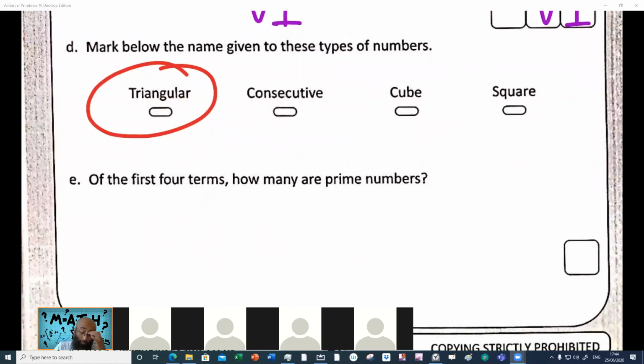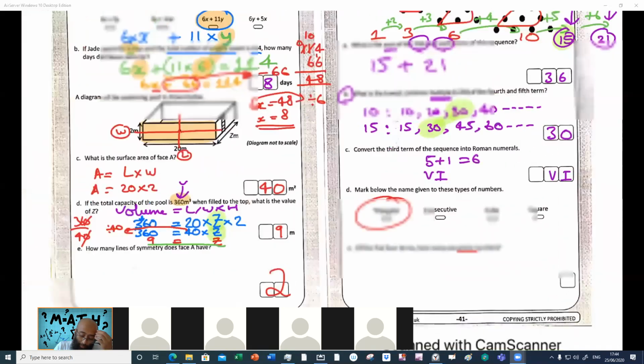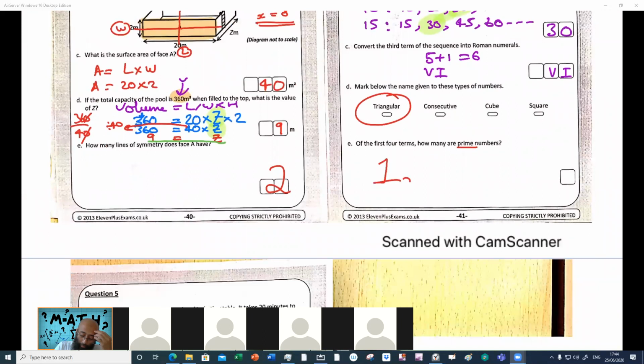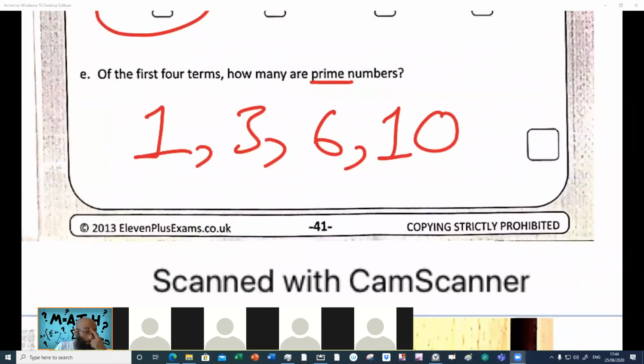Of the first 4 terms, how many are prime numbers? So let's write down the first 4 terms. You have 1, 3, 6, 10. Okay, let's have a look. So what are the prime numbers first? Give me some prime numbers starting from the beginning.